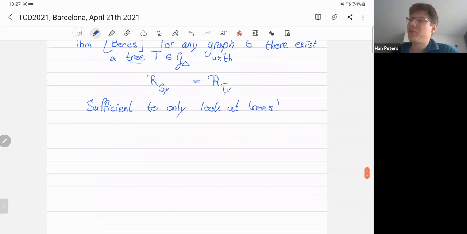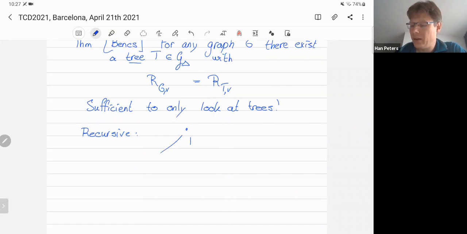So that's nice because trees, they're built recursively. And in fact, also we can compute the ratios recursively.